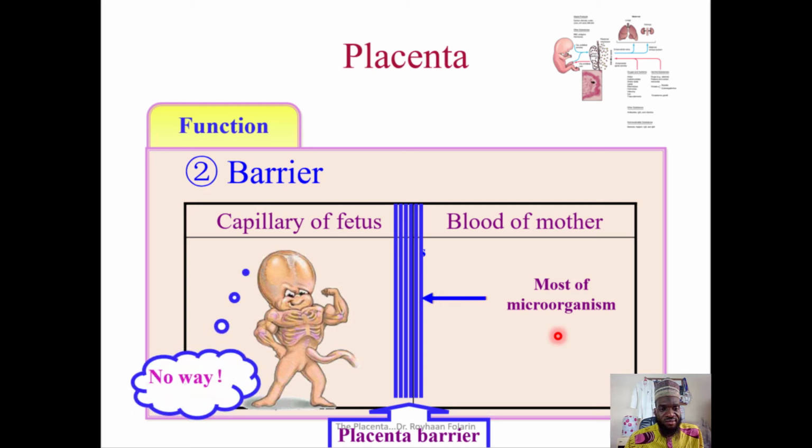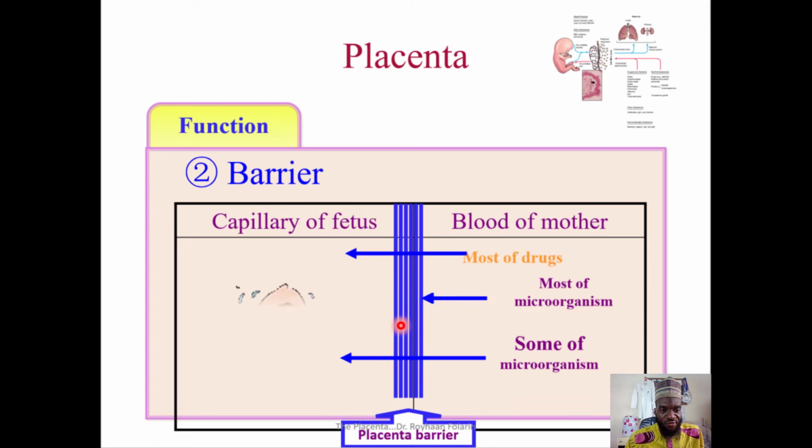So, in this case, when you have most of the organisms coming from the mother, the placenta acts as a barrier such that it doesn't get into the capillary of the fetus. It doesn't get into the fetus through those capillaries. It saves no way. Be they drugs, but then it's selective. Eventually, some drugs get to pass.